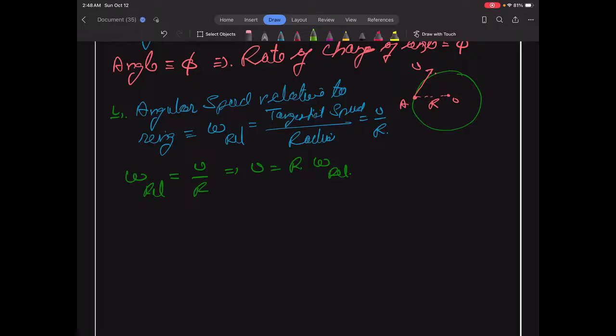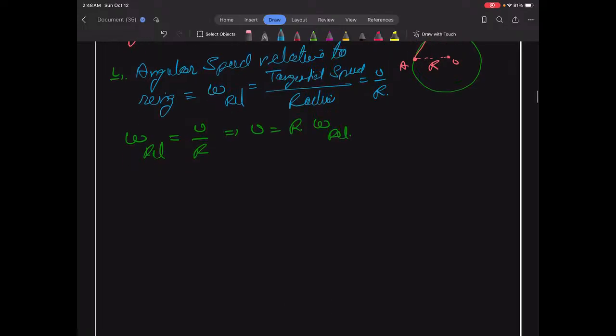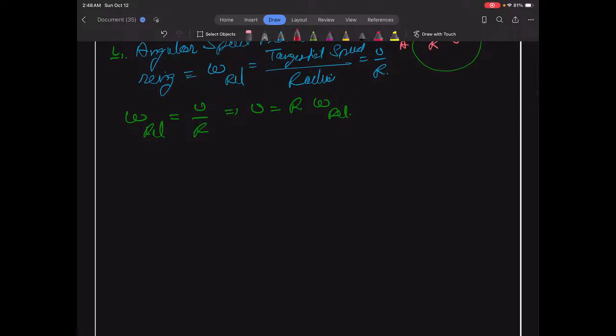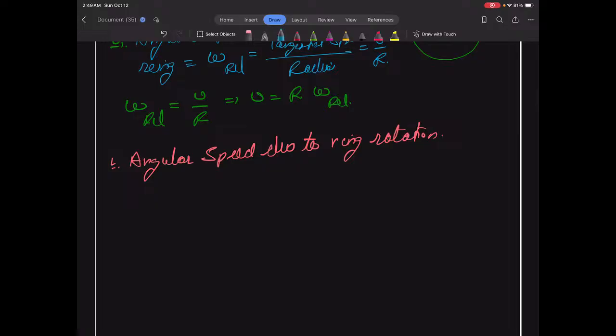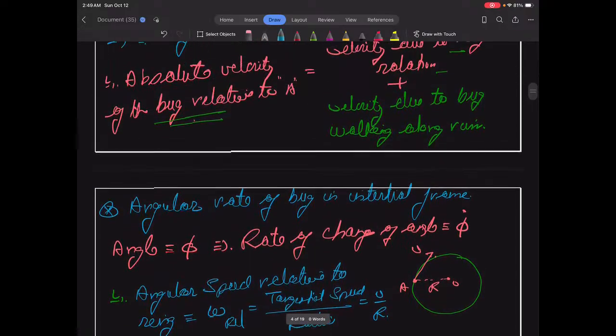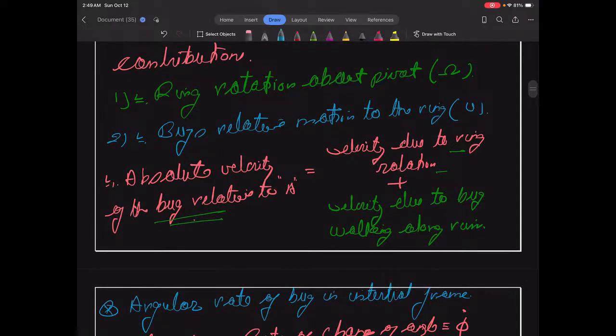Next is the angular speed due to ring rotation. We said that the ring is rotating about the pivot point with the angular speed of omega.